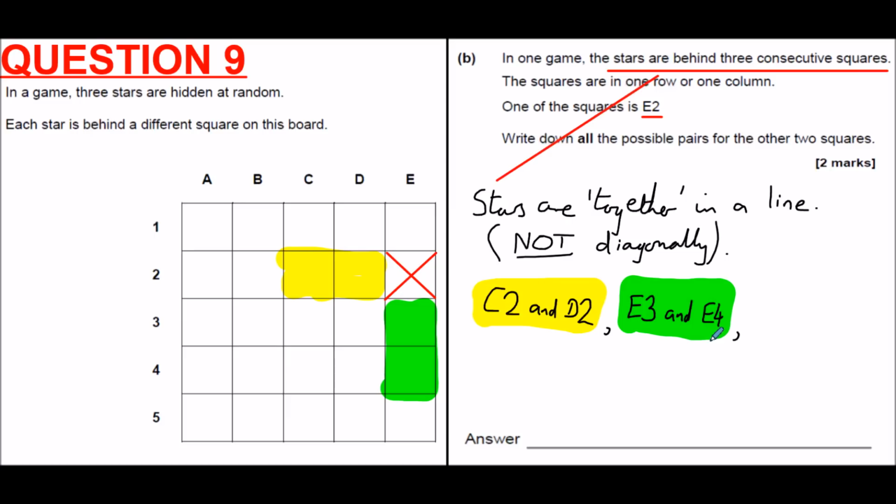Apart from that, there's another option as well, and the other option is that the other squares could be this one and that one. So you'd have three in a row. So the square in E2 might be in the middle with one star at the top of it and one square below. So the final option is E1 and E3.